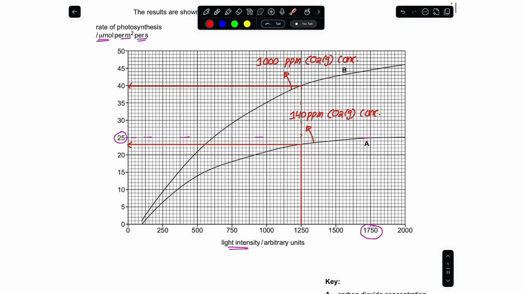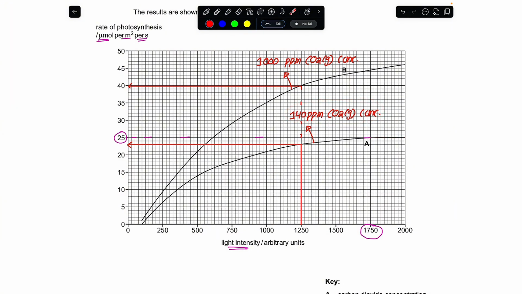Now this is curve B, and in this part the carbon dioxide concentration kept was 1000 parts per million. So what I can assume is that earlier in A, when the carbon dioxide concentration was kept at a minimum of 140 parts per million, at this point the light intensity was becoming excess and the CO2 was becoming limiting and it leveled off.